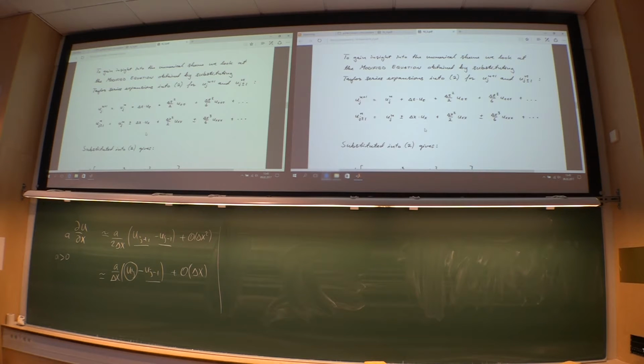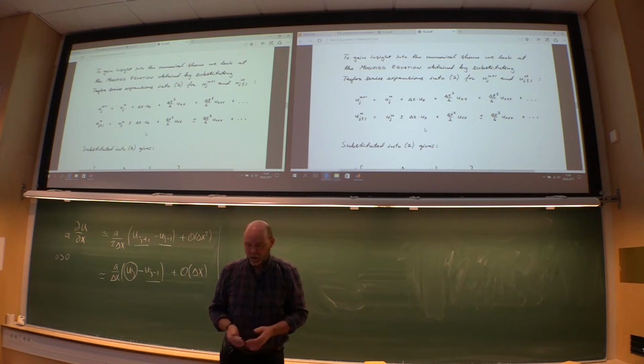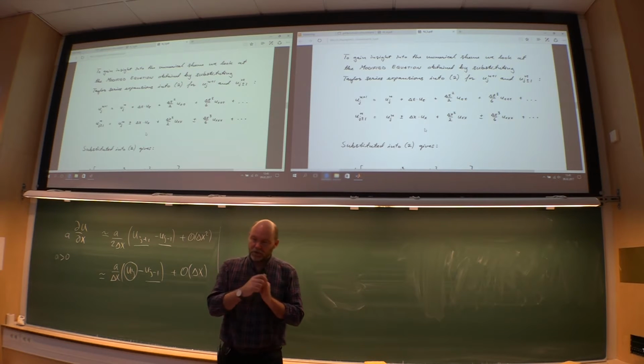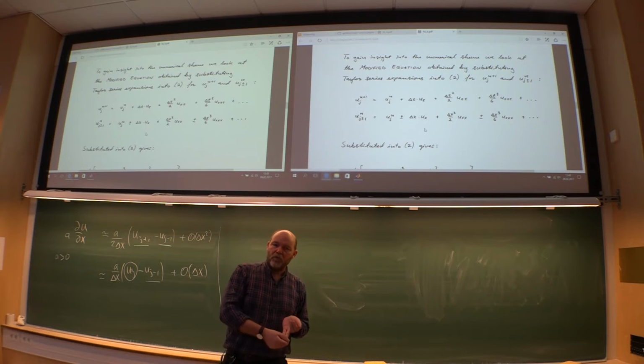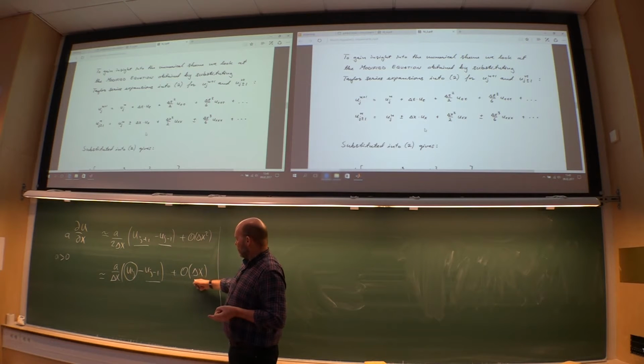Also, if you can recall, this is the first step that you do. This is the working procedure. If you want to find out, is my equation, my discrete equation, is it consistent? And what is the order of my scheme? Here I just stated that this is second order, this is first order.